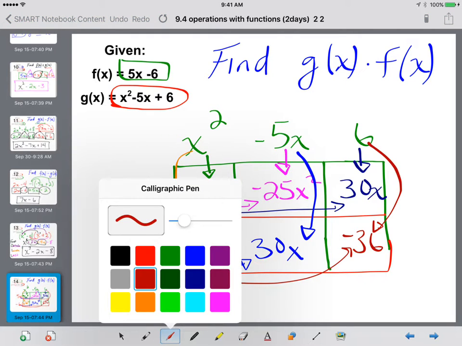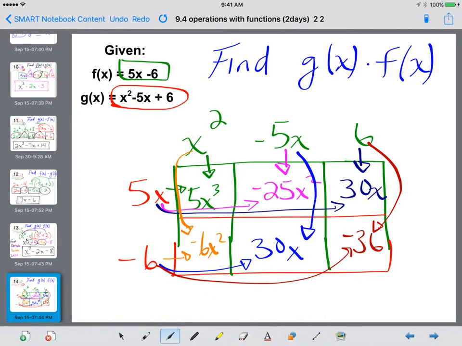Once we have completed the box, filled it all in, we need to combine the like terms. I'm going to start up here in this corner, 5x cubed. There's nothing to combine that with. 5x cubed. In the box method, most likely your terms that are alike are going to line up in a diagonal.